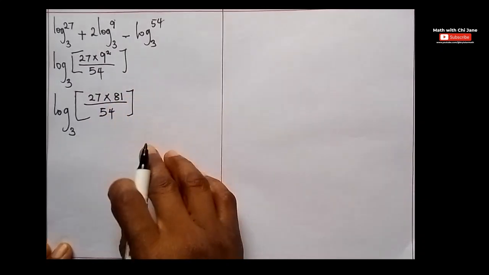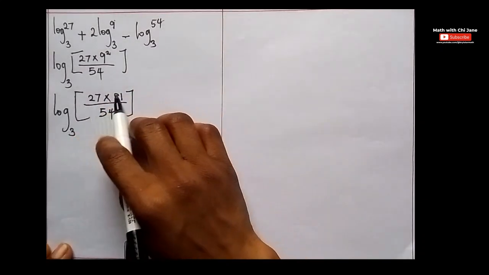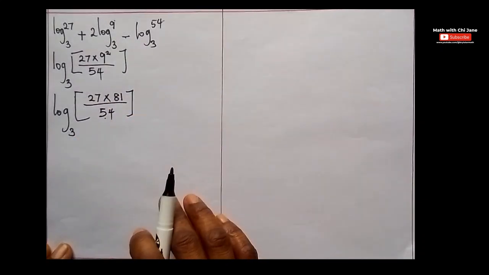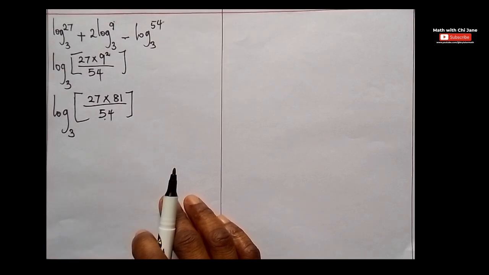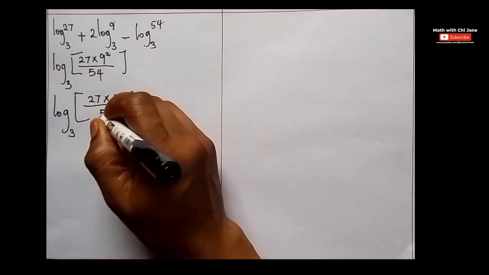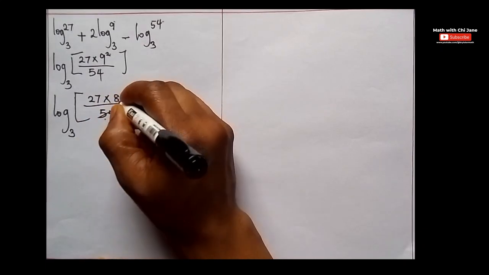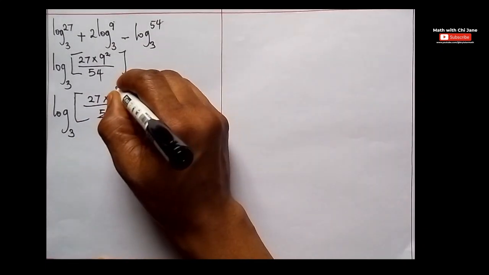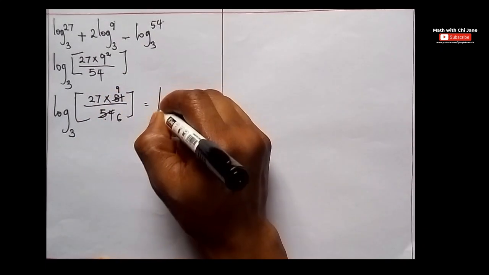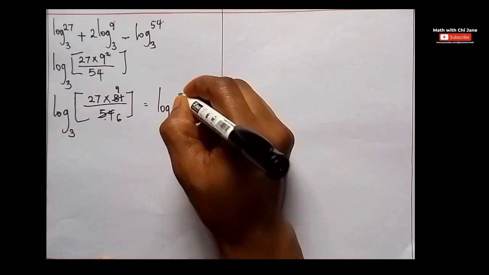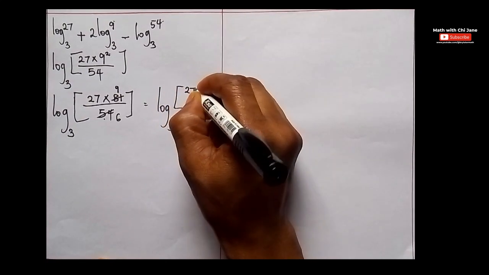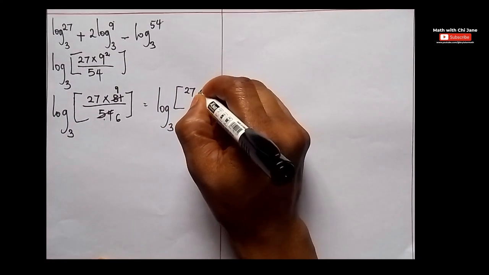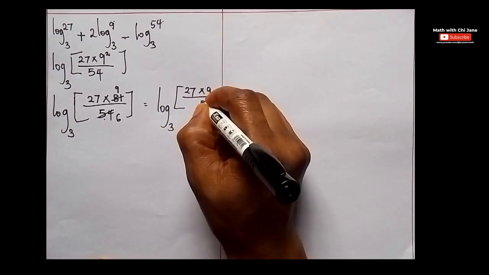So we look for a common factor that can divide the numerator and the denominator at the same time. I'm saying 9 can divide 54 six times, and 9 can divide 81 nine times. So we are left with log base 3 of 27 multiplied by 9 over 6.